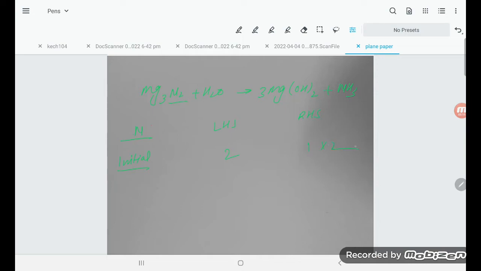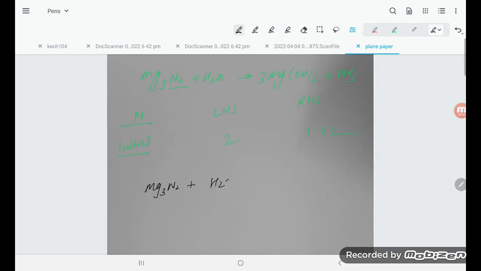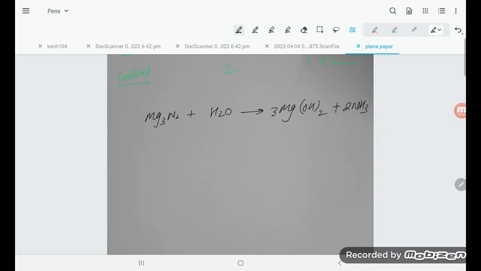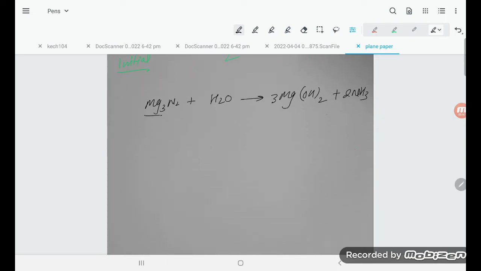So to balance, we need to multiply by 2. After multiplying, write down the equation: Mg3N2 plus H2O gives 3Mg(OH)2 plus 2NH3. Now magnesium is balanced and nitrogen is balanced.